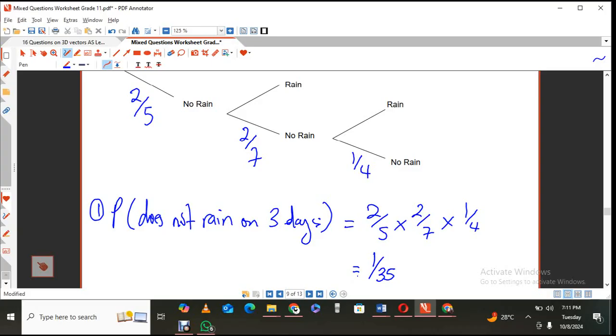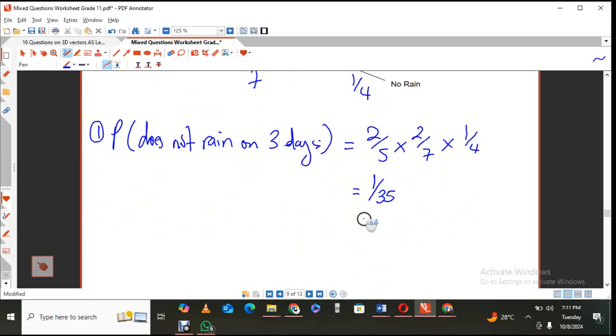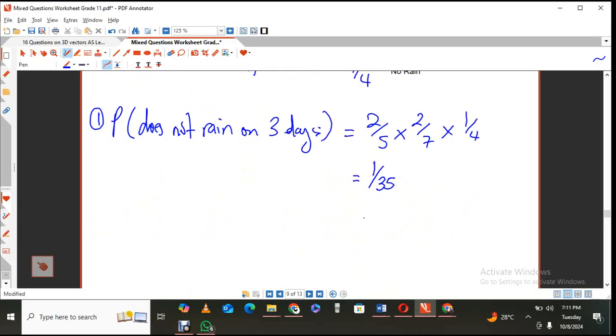Now we know the probability it does not rain for those 3 days, but we are looking for at least one of the days that it will rain. So the probability that it rains on at least one of the 3 days.